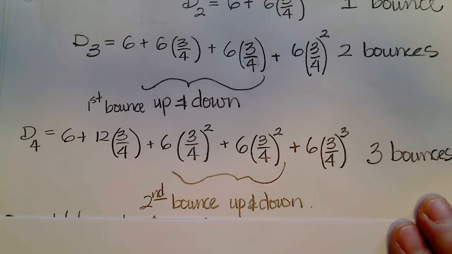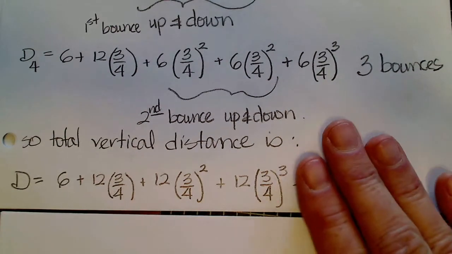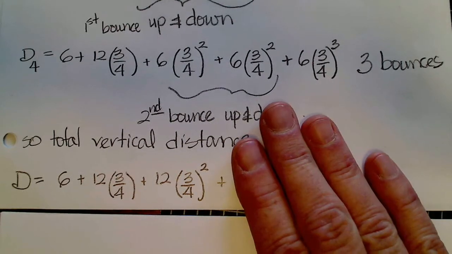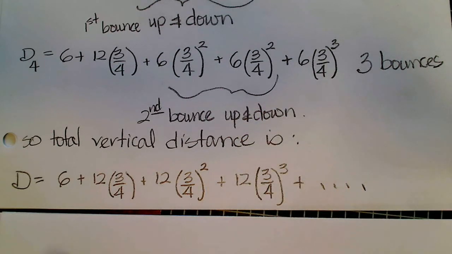So now let's look and see what we have. We're ending up with a pattern that looks like this. Well, I can move on and make a generalization so that the total vertical distance is now 6 plus 12 times 3/4 plus 12 times 3/4 squared, and so on.